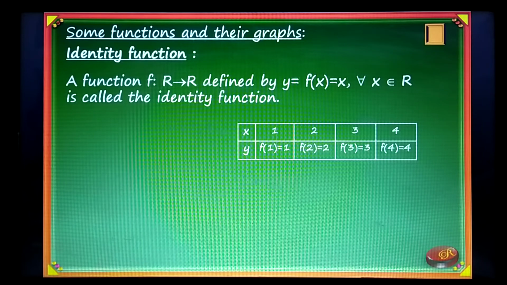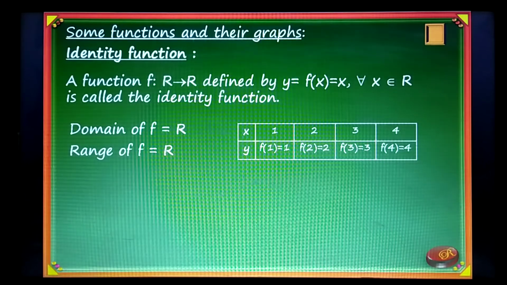Therefore, domain of f is R, that is the set of real numbers, and range of f is also R. The following figure shows the graph of the identity function y = f(x) = x.